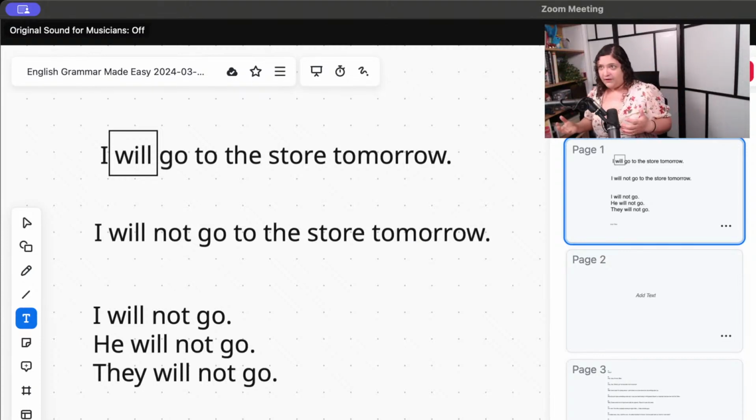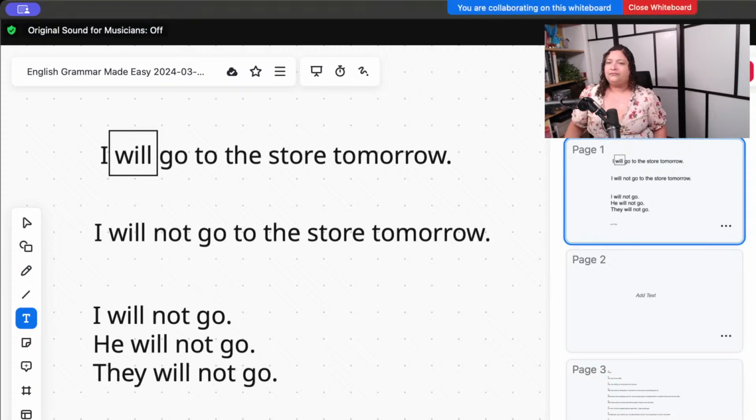Then we'll have our perfects: present perfect, past perfect, and future perfect. Now, the significance is not only the usage, but also the sentence pattern. We're going to be going over those in future classes.